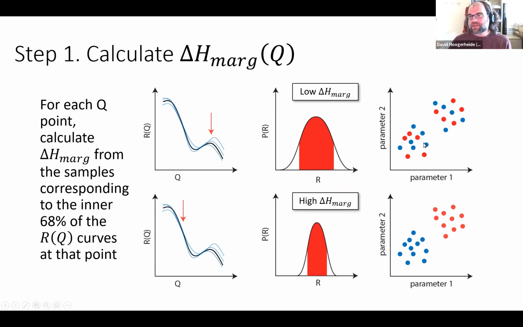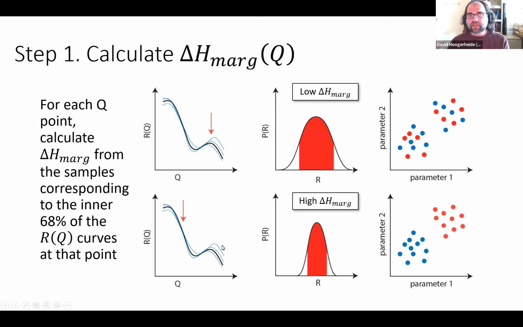So I look at this and I say, well, look, my red points and my blue points are evenly distributed throughout my parameter distribution here. So I won't actually have learned anything about my parameter space if I do this measurement, because I've evenly excluded samples throughout the distribution.